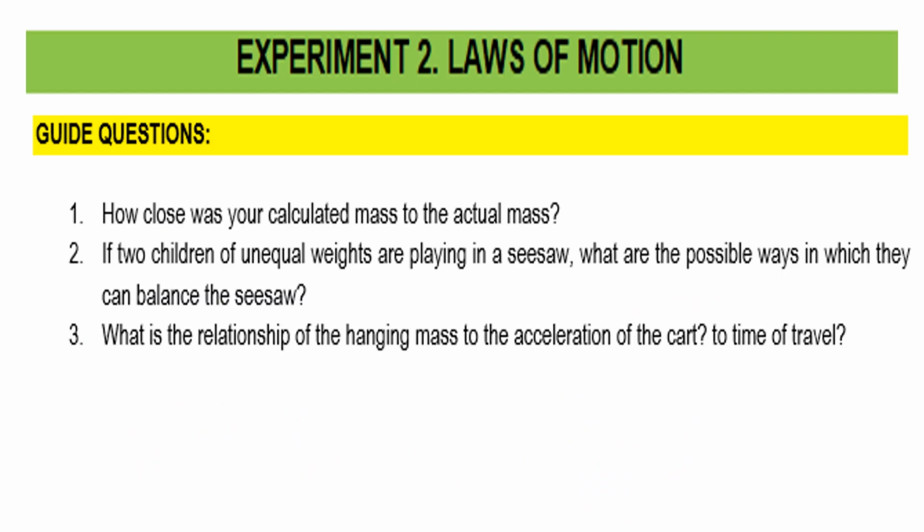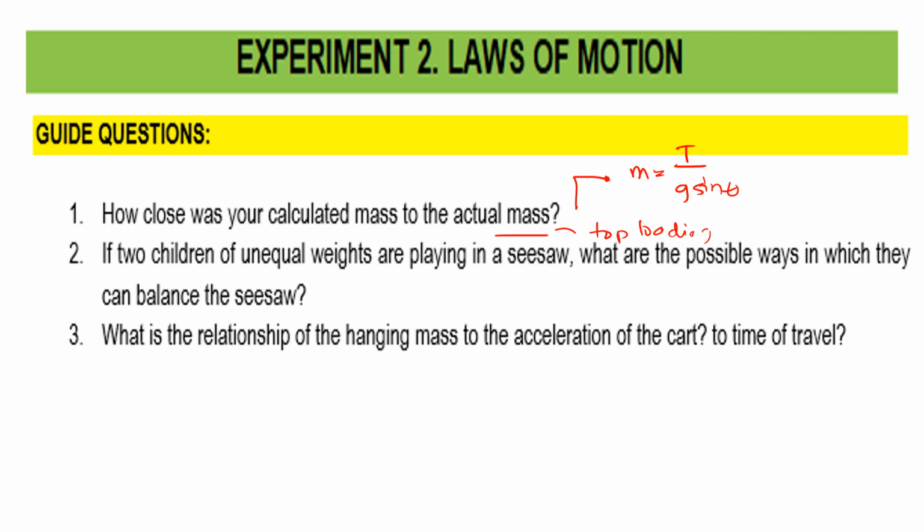Let us proceed. We have 3 questions here under experiment number 2. The first question is, how close was your calculated mass to the actual mass? You have to compare the calculated mass, which can be computed by this formula, and the actual mass, which is measured using the top loading balance.